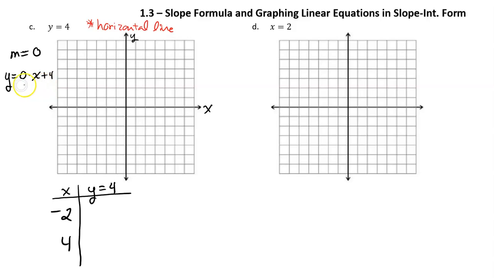Even if I use this version up here, negative 2 times the 0 is going to cancel away. It's still 0 plus the 4. All that's left is still the 4, this 4 from our equation. So I would be able to plot the point negative 2, comma 4.